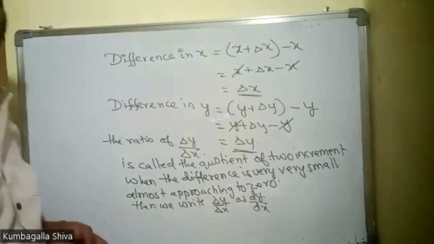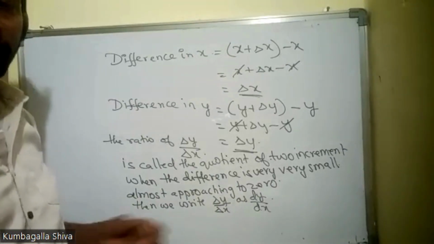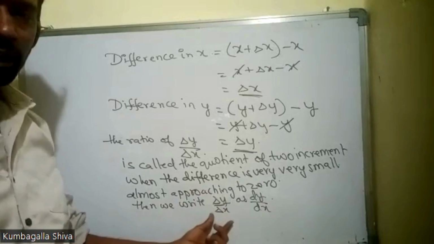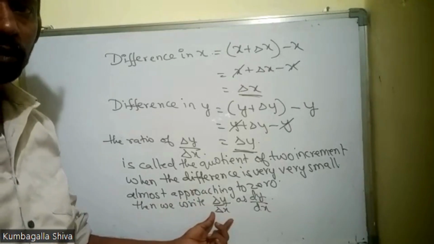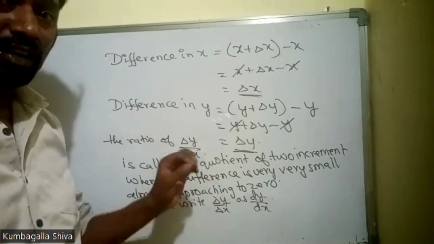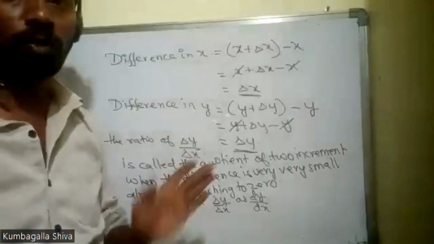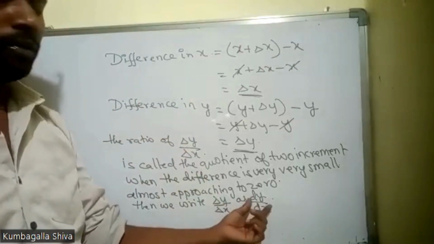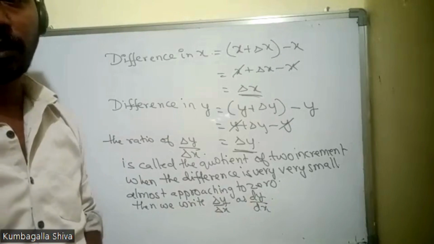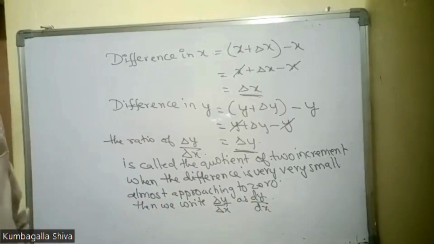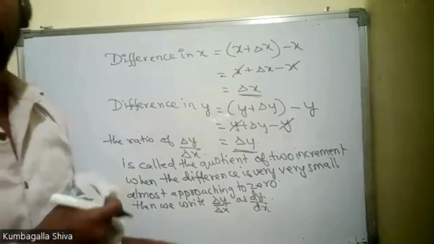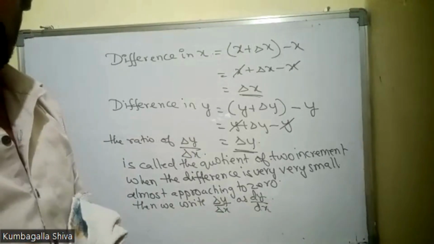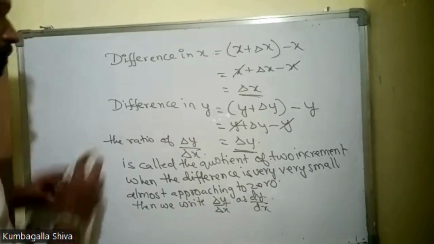Are we clear? The ratio of the two increments, when it is almost approaching zero but not zero, you write as dy by dx. Are we clear?